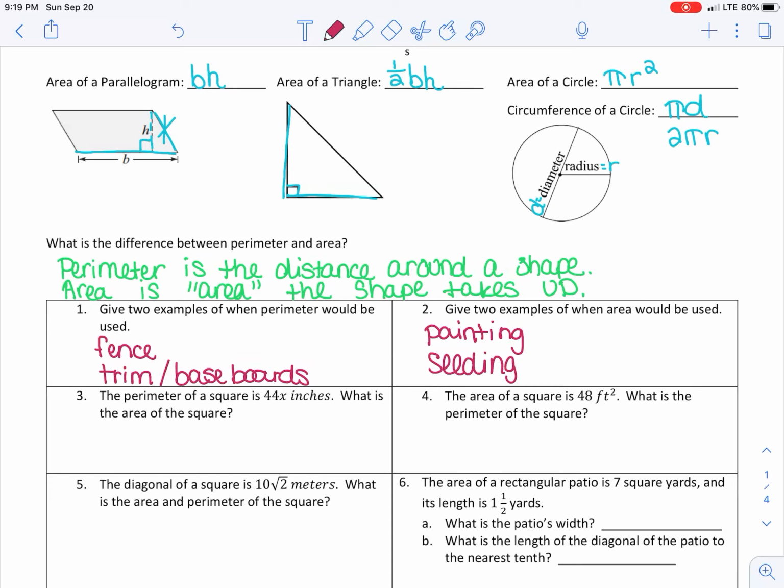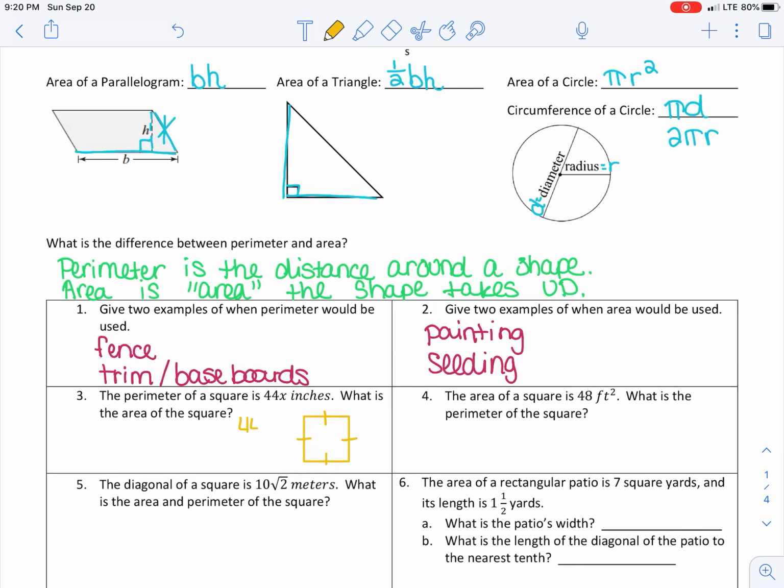For number 3 here, it says the perimeter of a square is 44x inches. What is the area of that square? I'm going to draw a square because I always think it's easier to draw it. It says the perimeter, so the distance around is 44x. With a square, we know each side is congruent, which means all of those need to be equal.